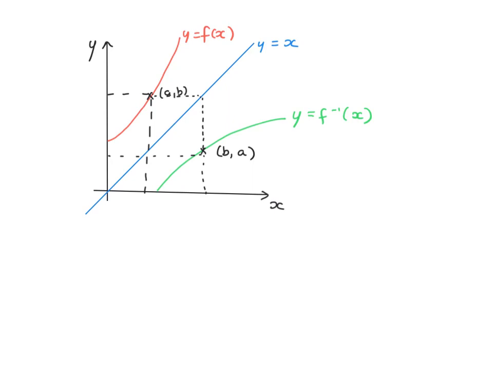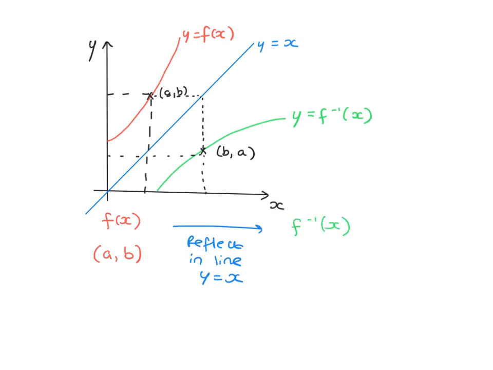So if there is a point (a, b) on the curve or the graph of f(x), then when you reflect in the line y = x, you create the inverse function f⁻¹(x), and the coordinates swap over.